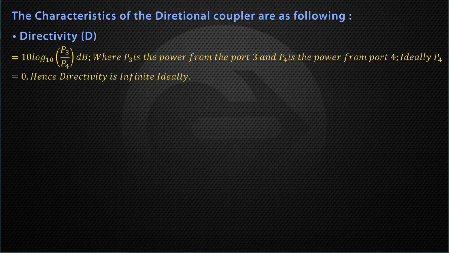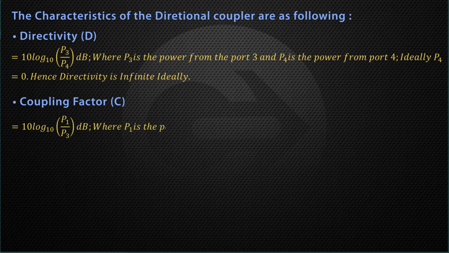The next characteristic is coupling factor, which is denoted by capital C, which is equal to 10 log base 10 P1 by P3 dB, where P1 is the power from port 1 and P3 is the power from port 3.